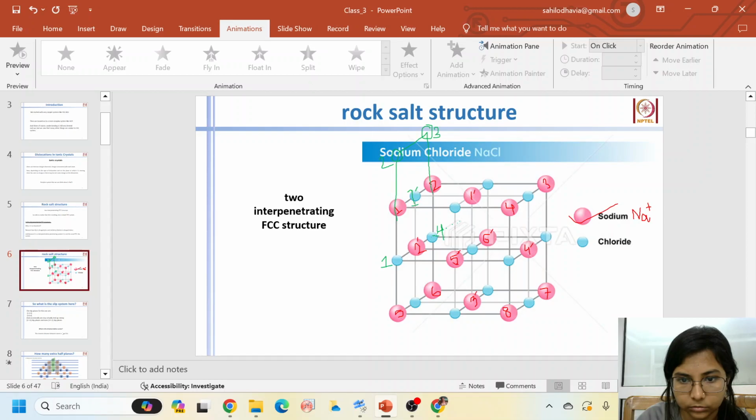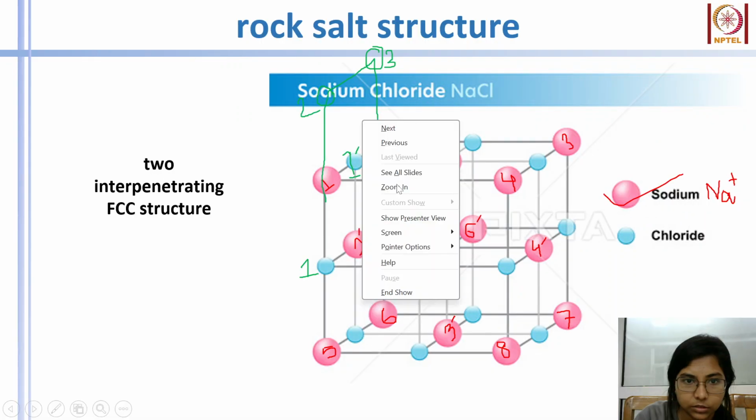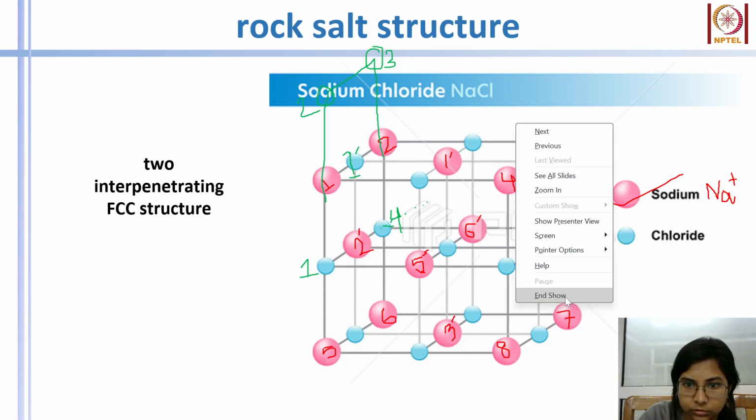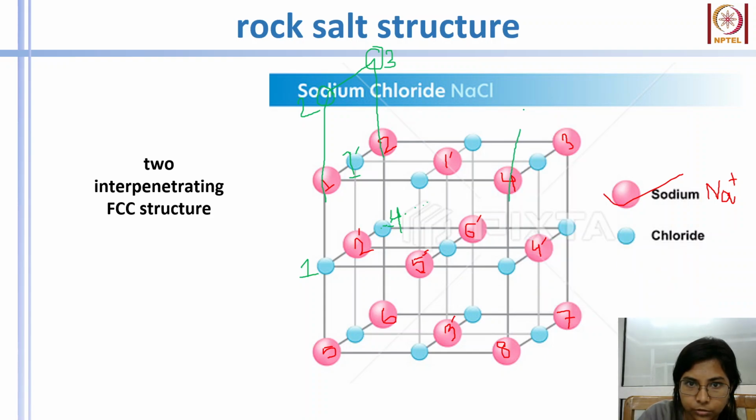What we are seeing is, in green, in this phase, if I extend this lattice like this, then here also the chloride ions will sit.